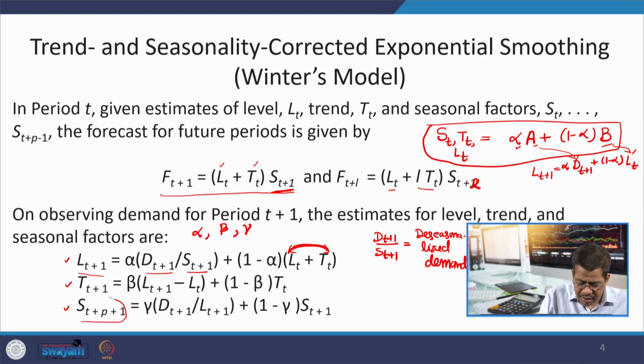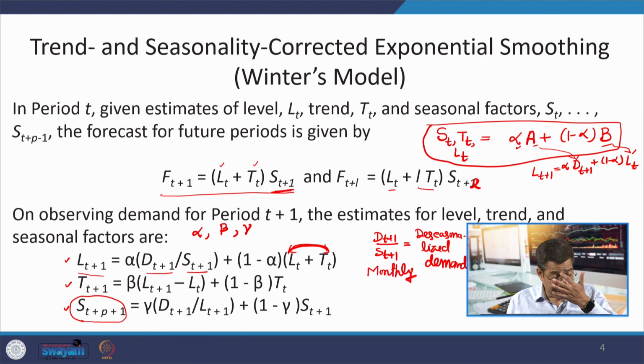And then here you see S(t+p+1). Using my current data, let us say I have monthly data and I am currently in June.